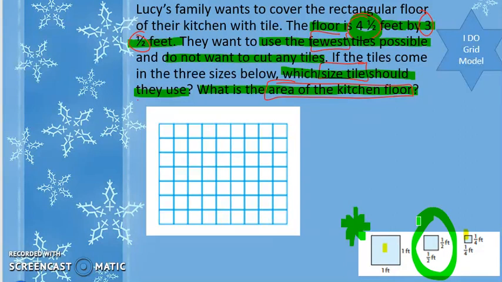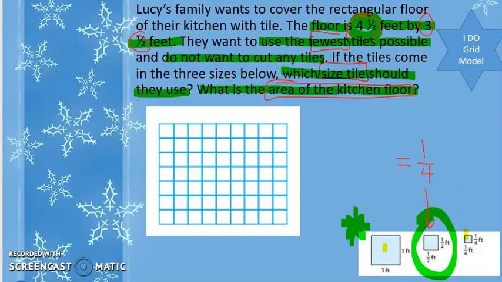We need to see how many squares are going to cover our diagram. Well, the area of 1/2 by 1/2 feet, the area of this tile, is equal to 1/4. So each of these tiles is going to represent an area of 1/4 square feet. Now we need to decide how many tiles we're going to use for our model.